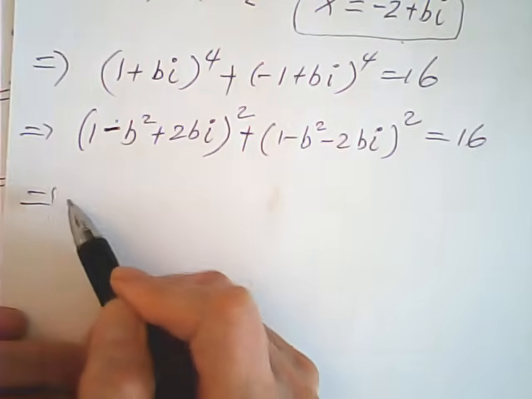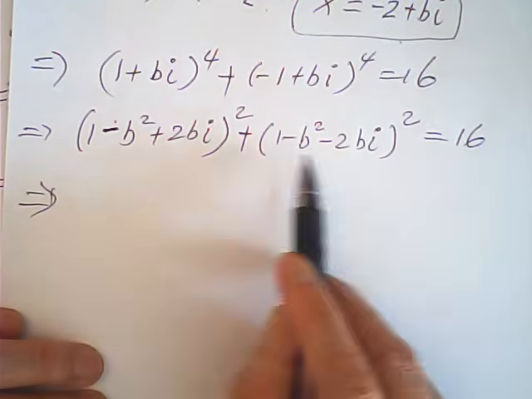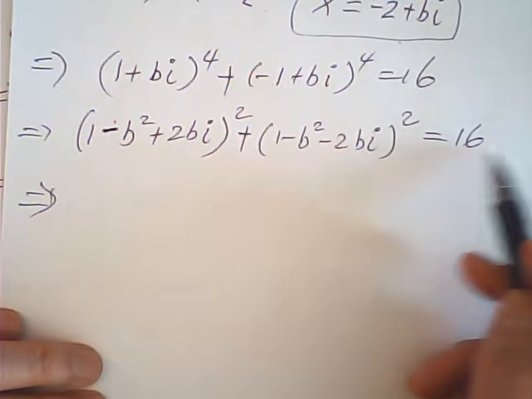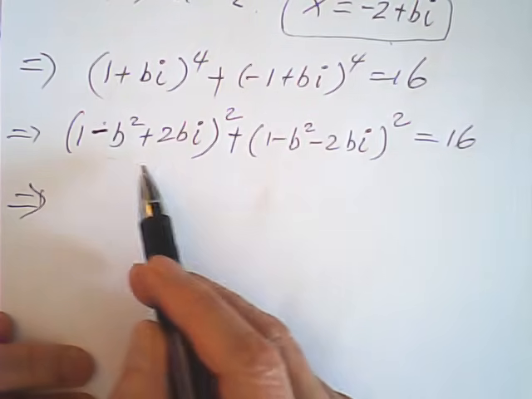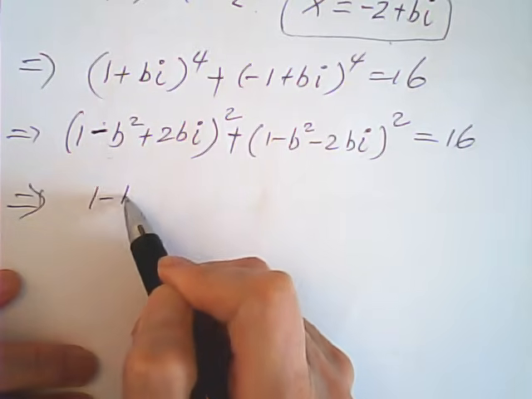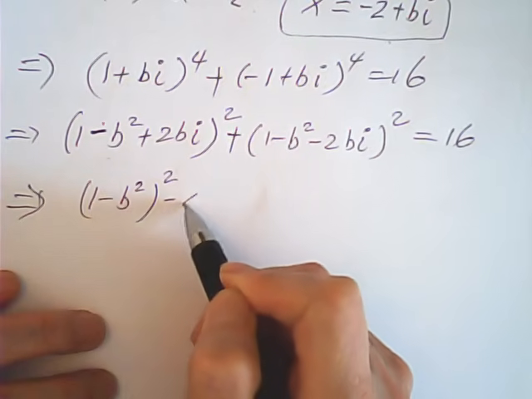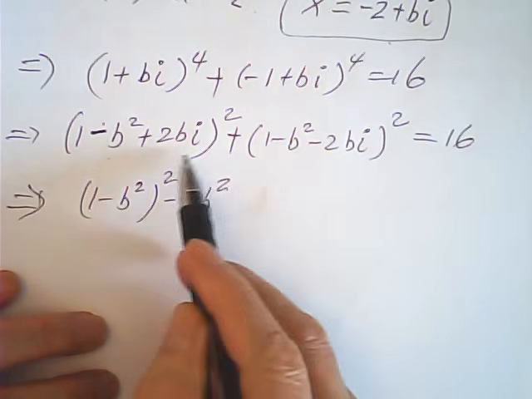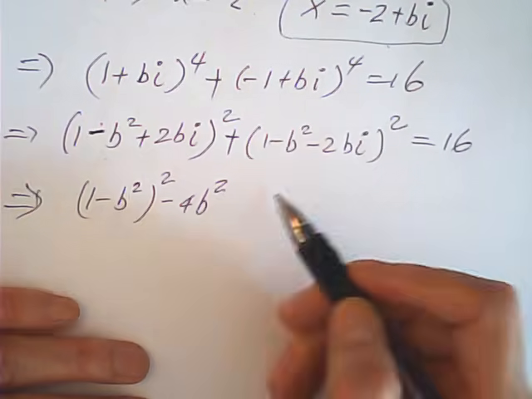Now this time we square again, but we consider the real part only because this has no imaginary part. The real part will be 1 minus B square minus 4B square. That's the real part after squaring.